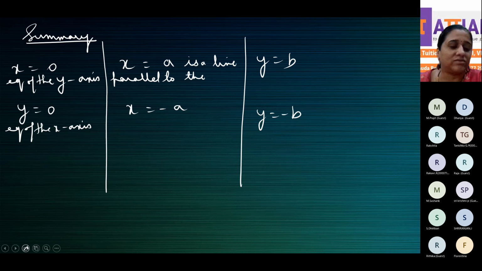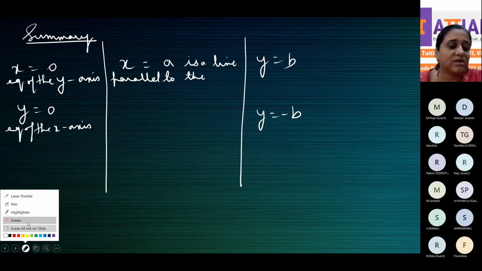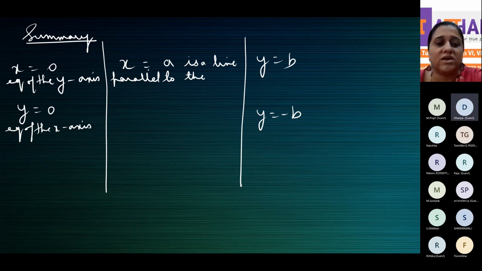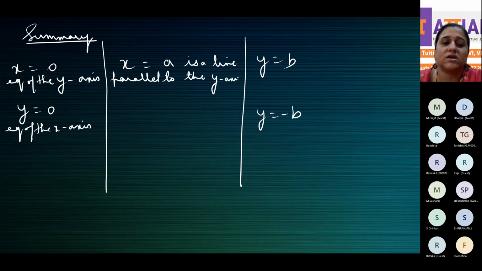X-axis or y-axis? Yeah, x is equal to means y-axis. X is equal to a is a line parallel to the y-axis at a distance of a units.